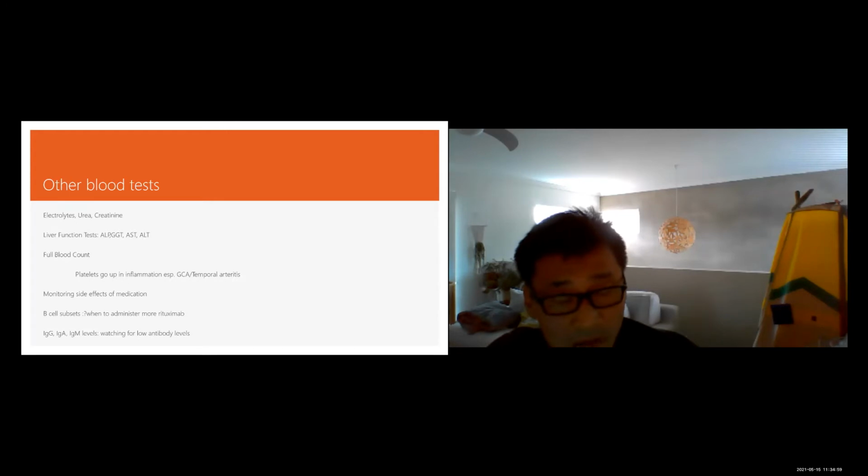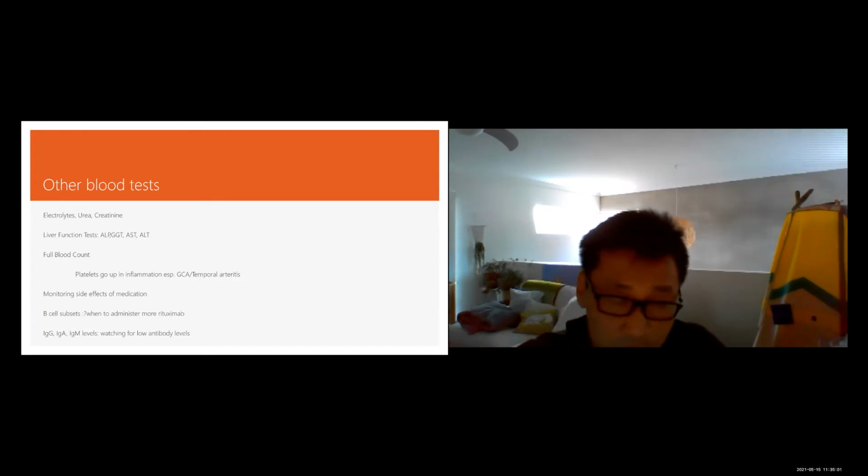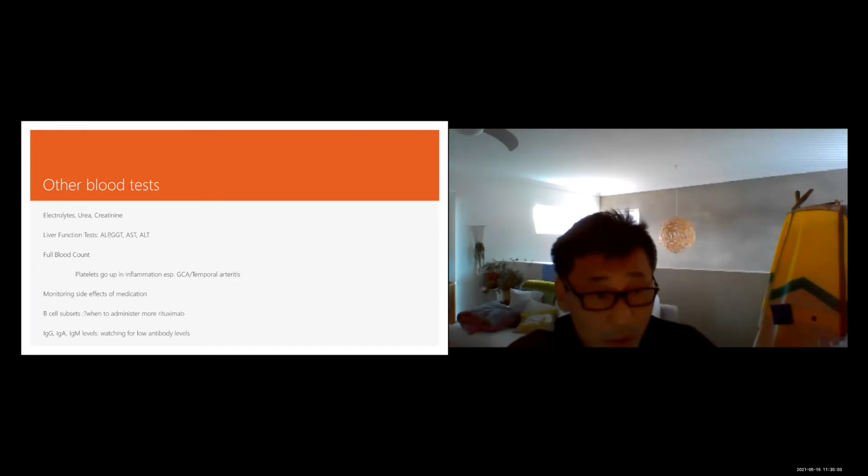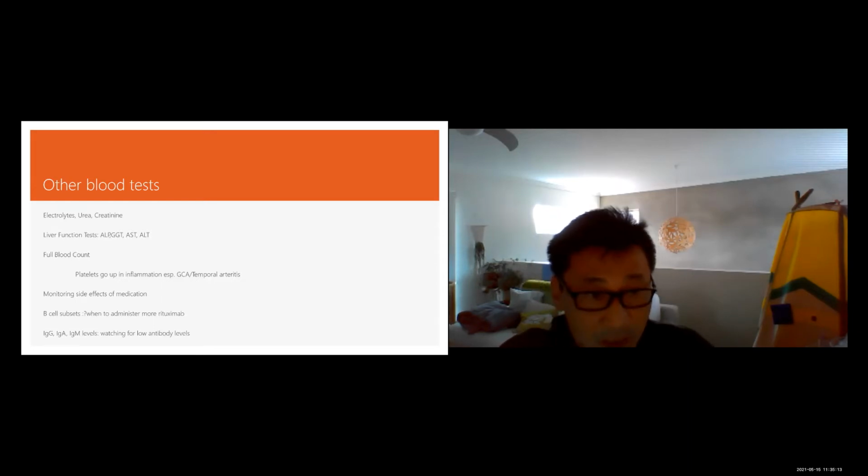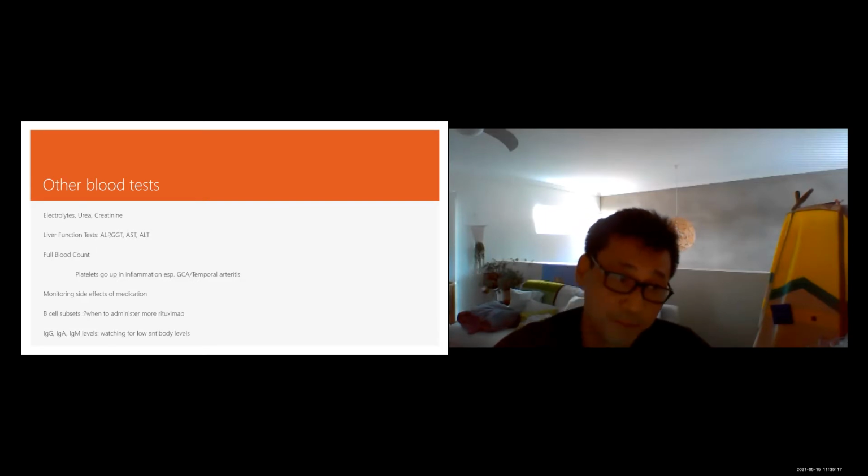So we'll talk about other blood tests which your doctor would routinely do every 3 months or so when they're monitoring you. They may do the electrolytes, which checks the salts in your blood, the urea to see if you're a bit dry, and the creatinine to determine if your kidney function's going off.